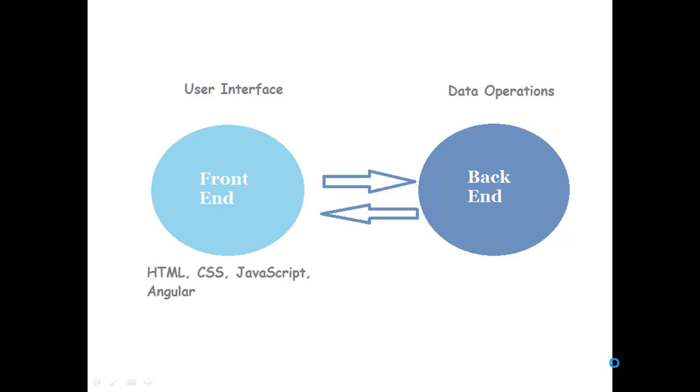The API receives the request through TypeScript via HTTP, that is, Hypertext Transfer Protocol services. You might have heard about MVC, Model View Controller, MVP, Model View Presenter, and MVVM, Model View ViewModel. Now, Angular represents all three architectures: MVC, MVP and MVVM.